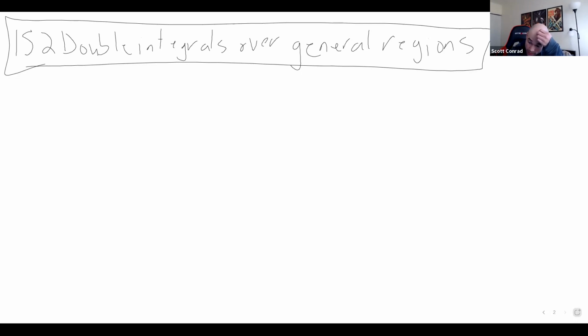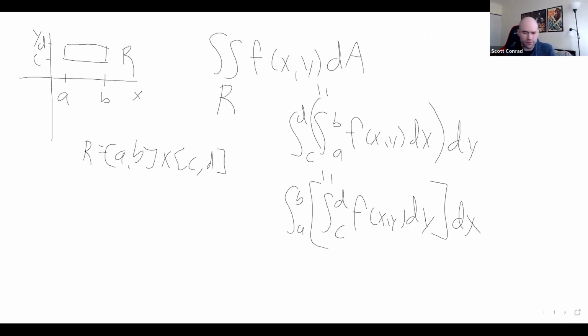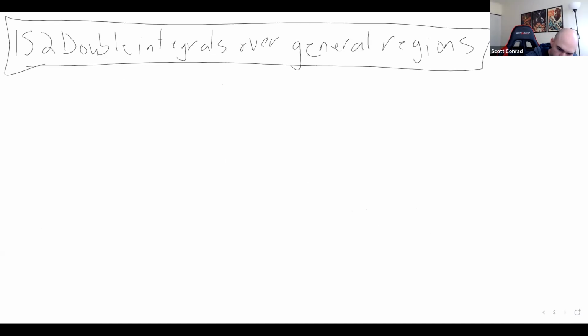Okay, so I'm not going to go through the derivation of all this, but let's think of integrating over these rectangles in the following way.